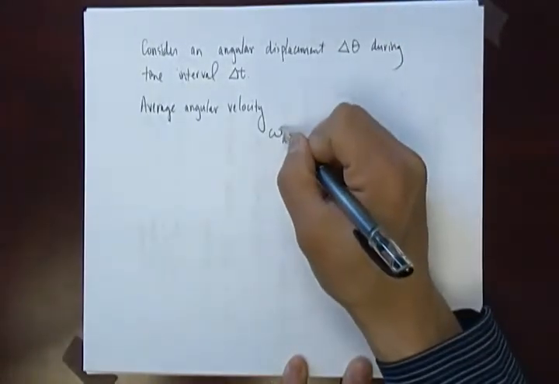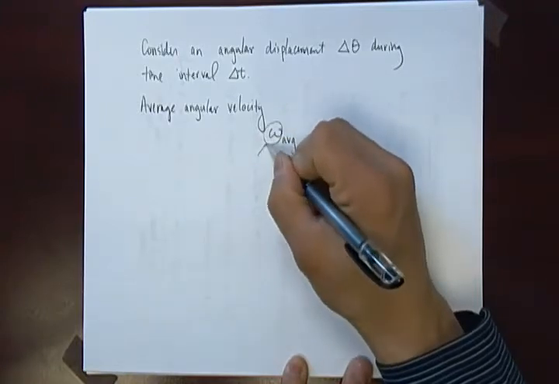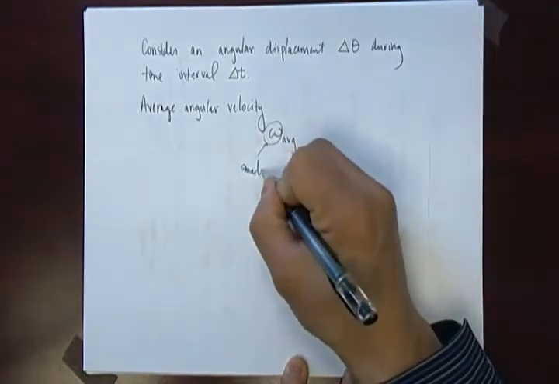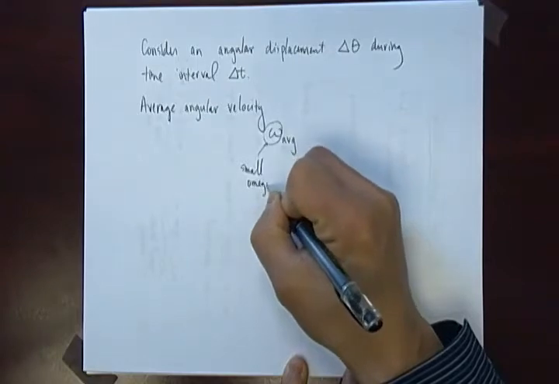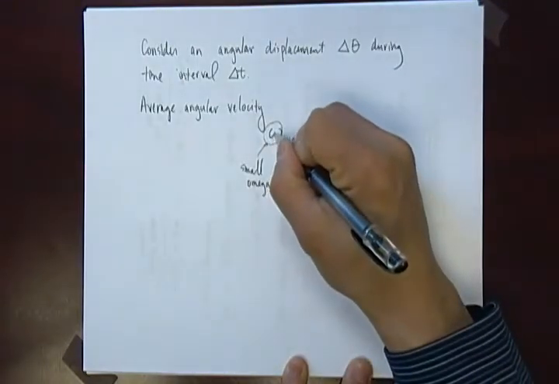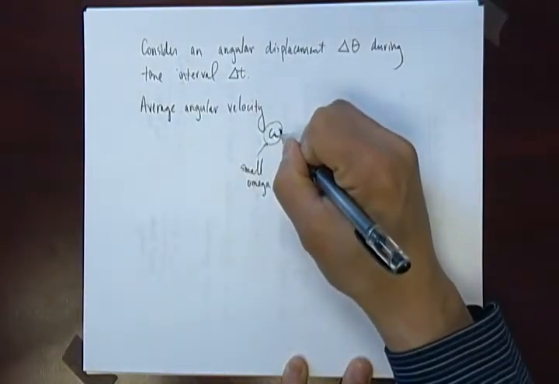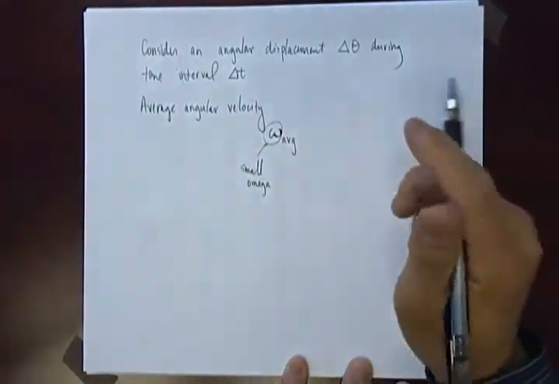The symbol for the angular velocity is omega. That's a small omega, Greek letter omega. It's not a W, but if you write a W, nobody's going to be horribly upset. That's an omega.